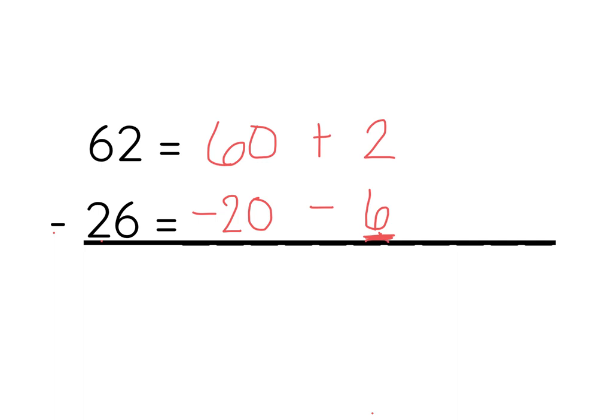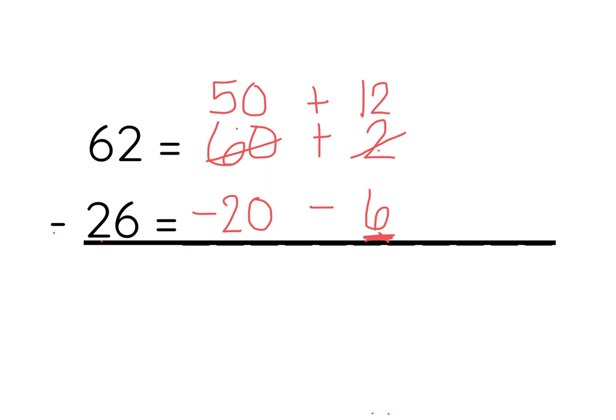I don't want to subtract and get a negative number, so I'm going to rename my 60 plus 2 as a 50 plus a 12. That way I have given my ones column enough ones to actually subtract.